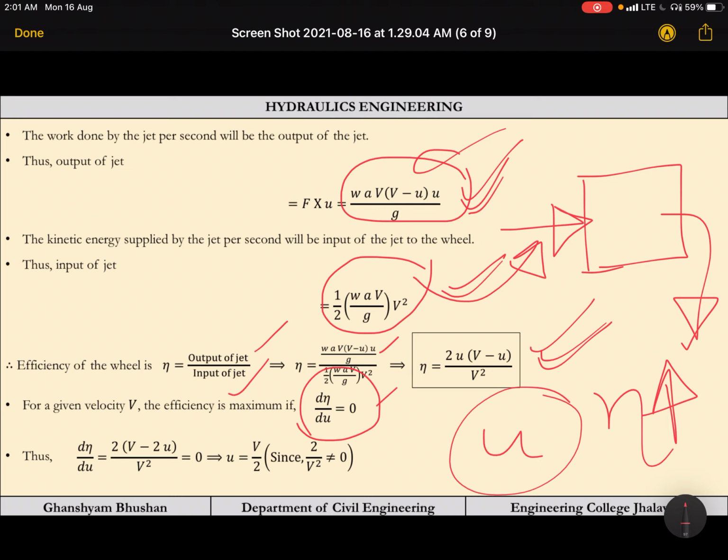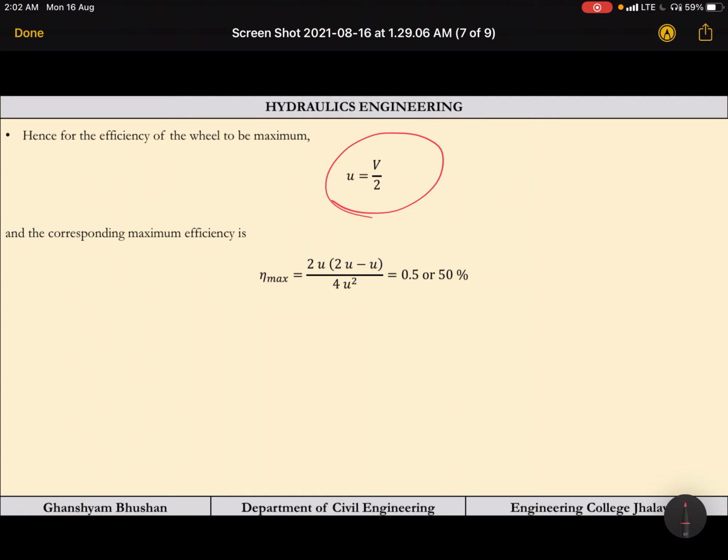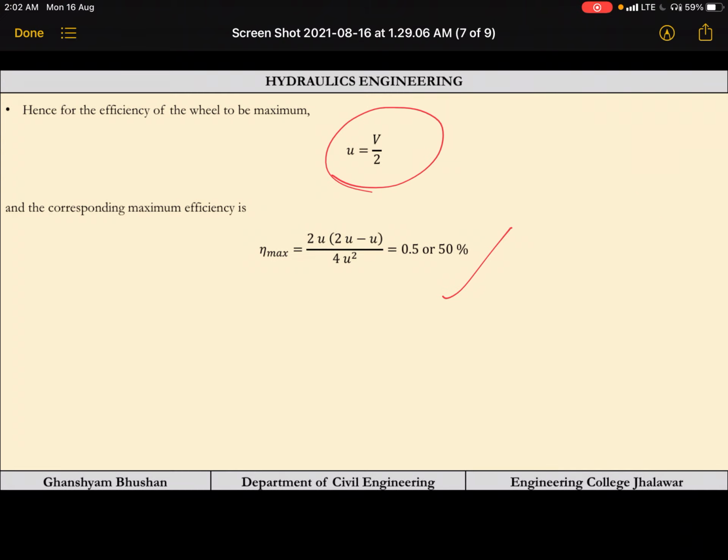After solving this, u, small u, is v by 2. So the efficiency will be maximum when the velocity of the plate is half the velocity of the jet, and the maximum efficiency attained by this arrangement will be 50%. Whatever effort you put in, only 50% efficiency is possible by this arrangement.